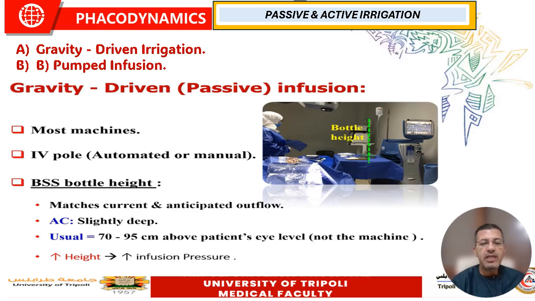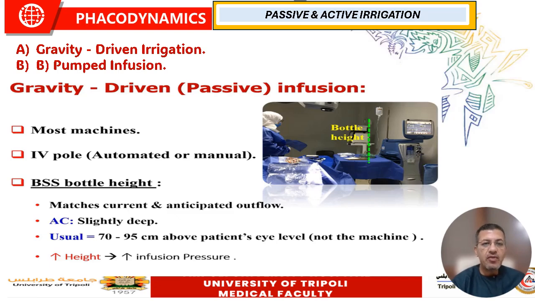However, with fluctuation in the anterior chamber due to an increase in the aspiration flow rate, in the vacuum, or in the surge, this type of irrigation does not cope with the changes in the anterior chamber and cannot compensate for the leak that happens in the wound. So most recent phacoemulsification machines don't depend on gravity-based infusion, but on pumped infusion.